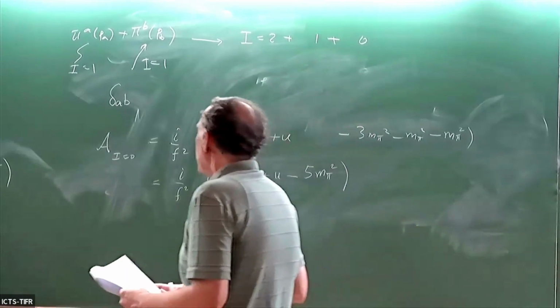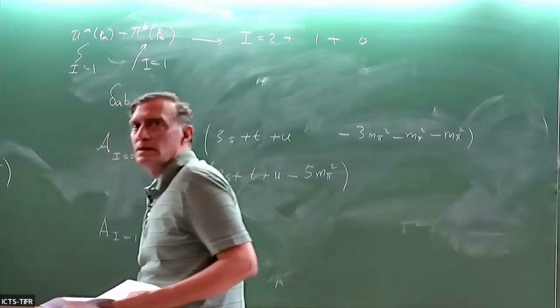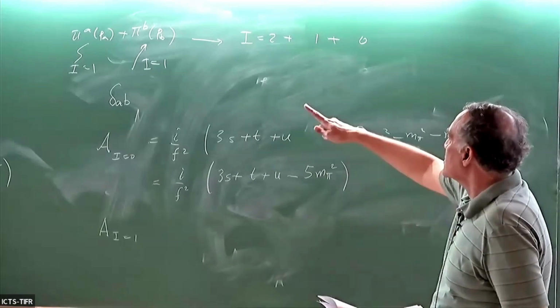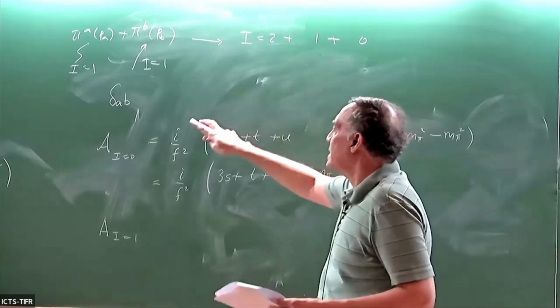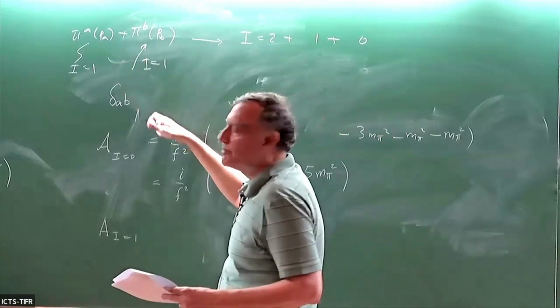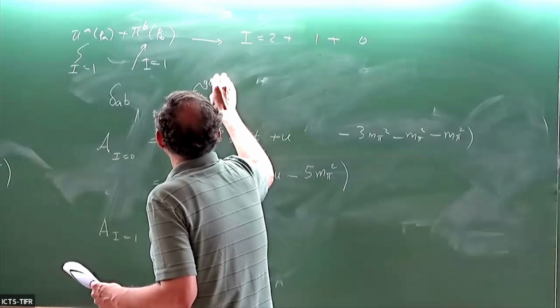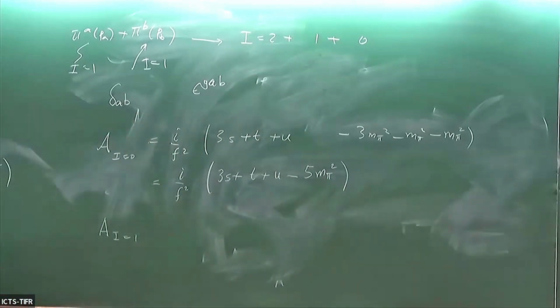Okay, if I wanted to look at the isospin 1 channel, the way you combine two isospin 1s into something which is isospin 1 is something which is anti-symmetric in this. That is basically an epsilon, let's say epsilon_ABC or something. So if I take this thing and I multiply it by something which is anti-symmetric in AB, the first term goes away because delta AB is symmetric in AB.